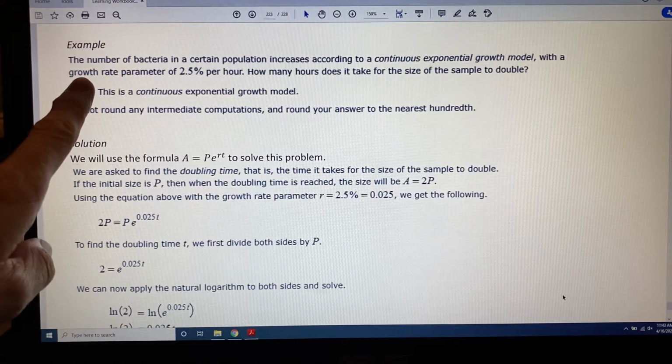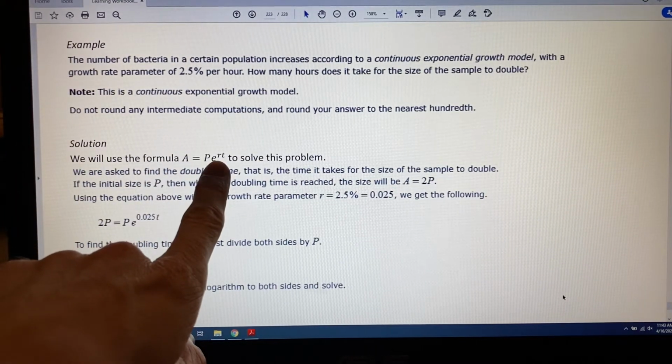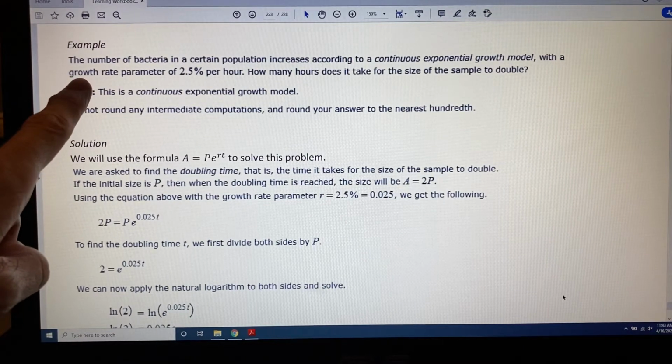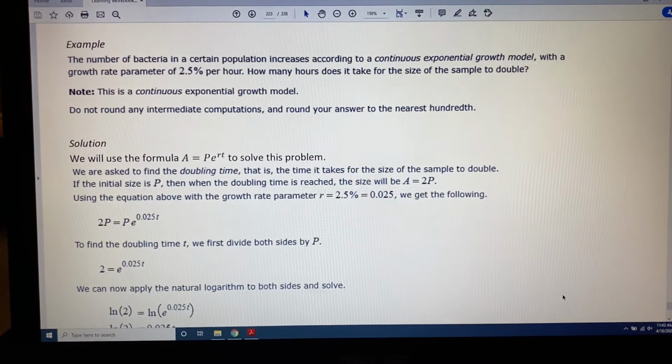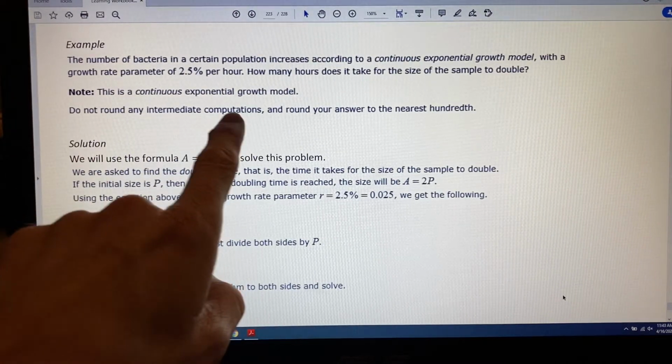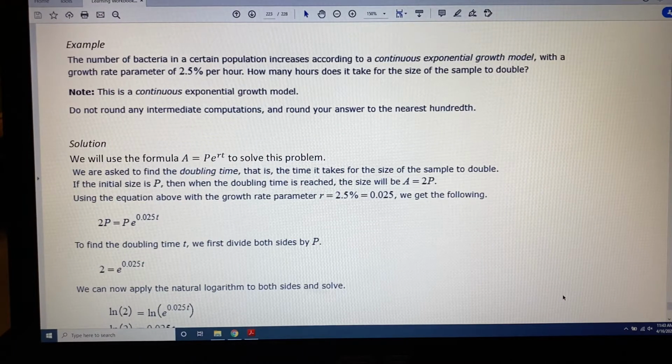With growth, r in this equation, or k, is going to be a positive number. But if it says decay, then r or k is going to be a negative number. The third thing you want to pay attention to is this last sentence. Do not round any intermediate computations. That means don't round in the middle of a problem. Don't convert anything to a decimal until you have your final answer sitting in front of you.